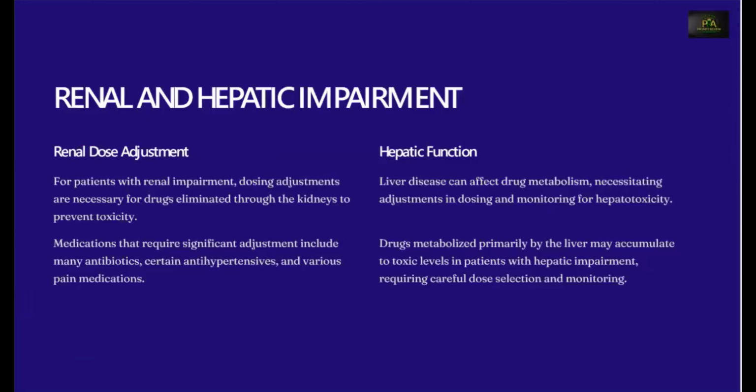Then you have to know medications that affect the kidney. We have talked about it. The ones that affect the liver, something like lithium, something like acids and herbs. So all those medications that can affect the kidney, you need to know to monitor renal function, or the ones that can affect the hepatic, it's important to do the liver function test.